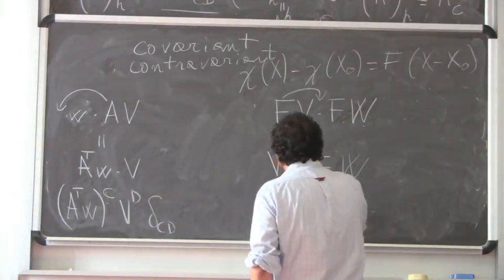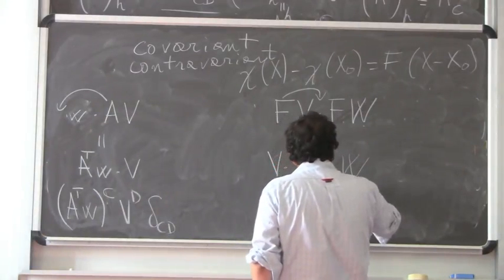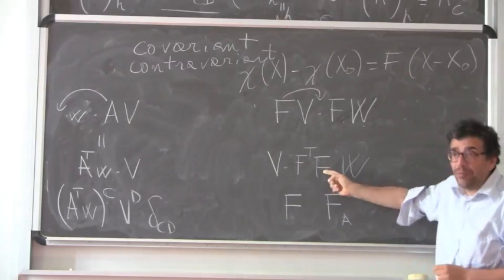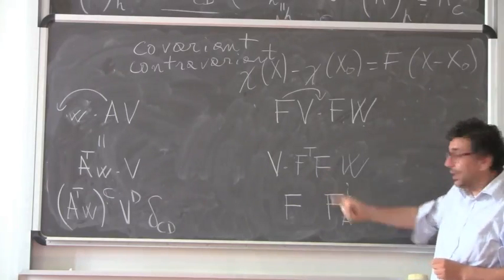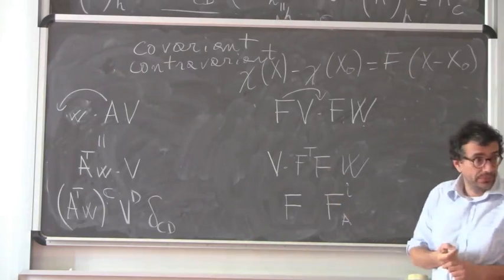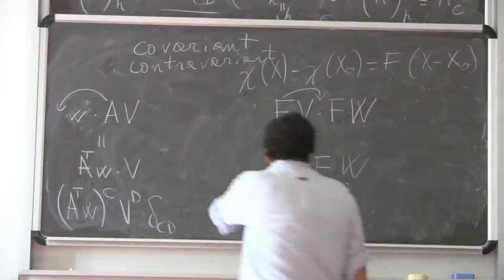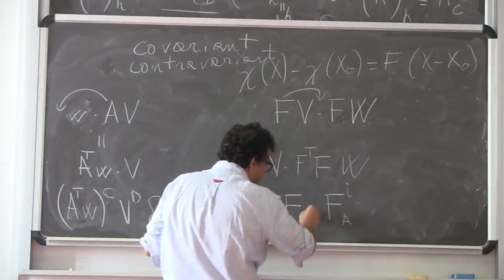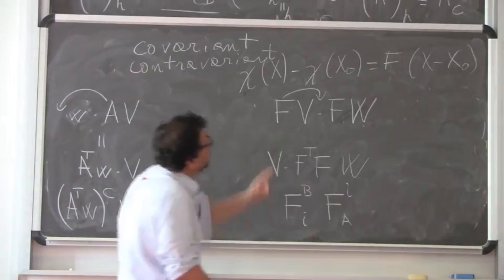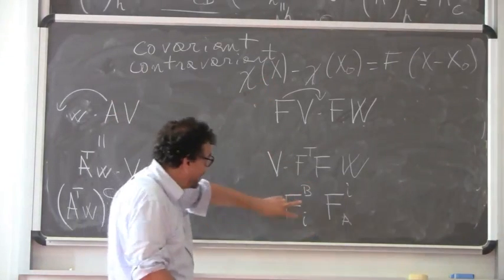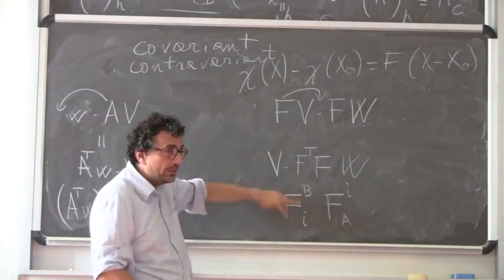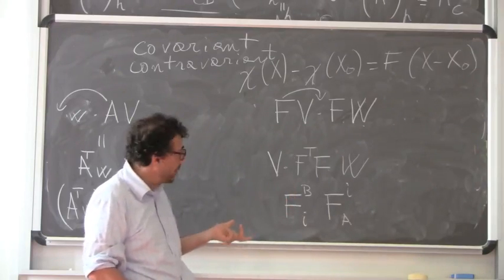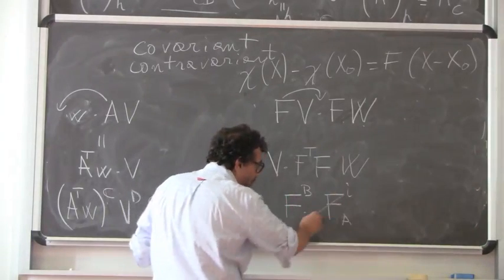Now, the representative matrix of F is F_iA. The representative matrix of F transposed, we have calculated before, is obtained transposing the indices, but the matrix is always the same. Here you have a summation over i.